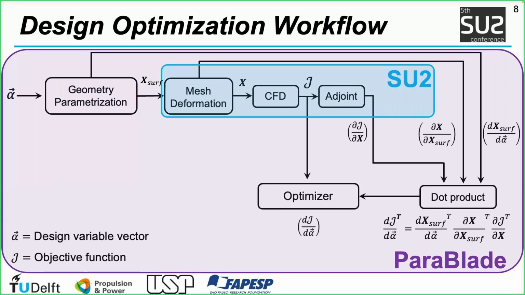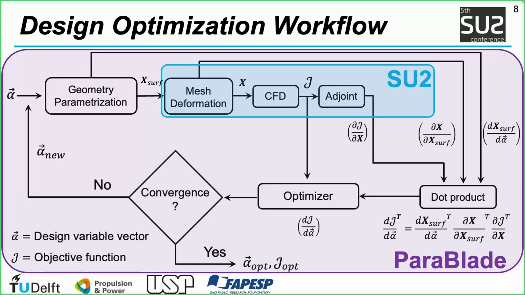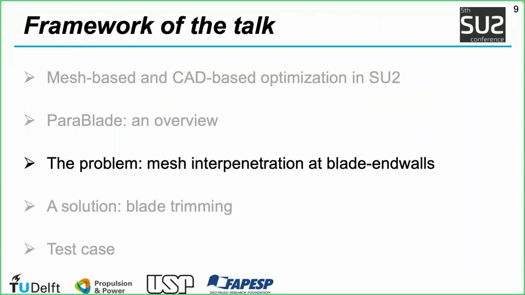We feed this to an optimizer, and we loop until convergence is reached. So this is how Parablade can orchestrate the entire optimization workflow.